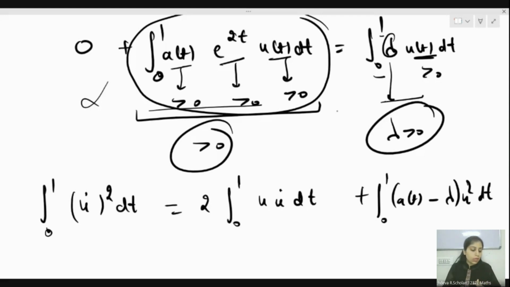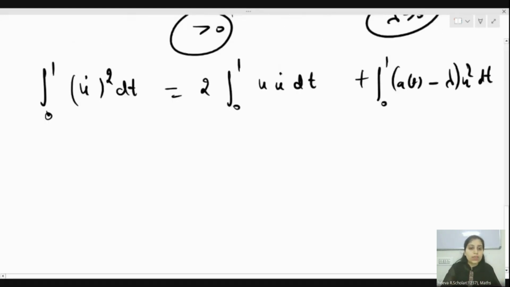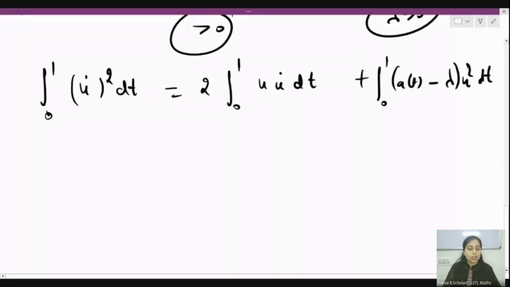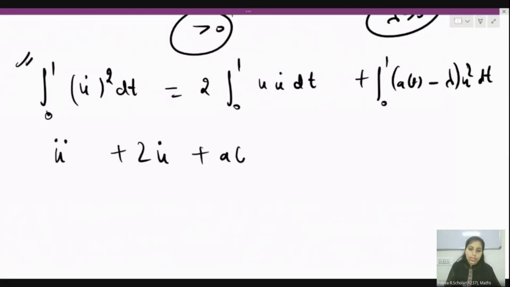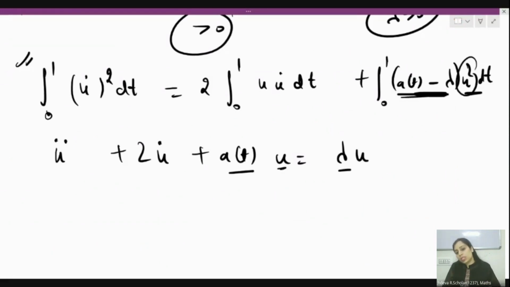For the third option, we have to visit the given equation. So what is the given equation? First write the given equation. The given equation is u double dot plus u dot plus atu is equal to lambda u. Clearly we can see here at minus lambda u square. At minus lambda can be made, but u should be changed to u square.